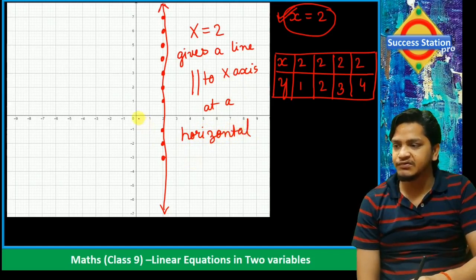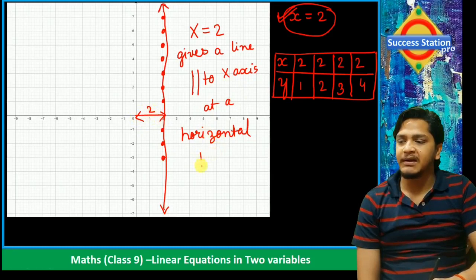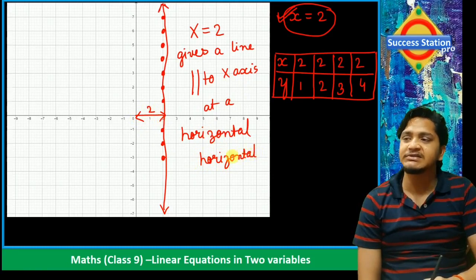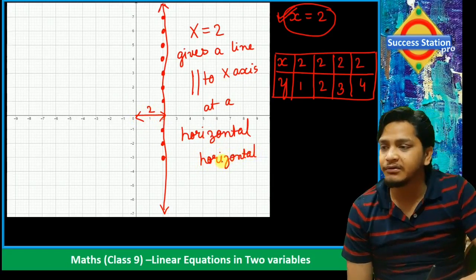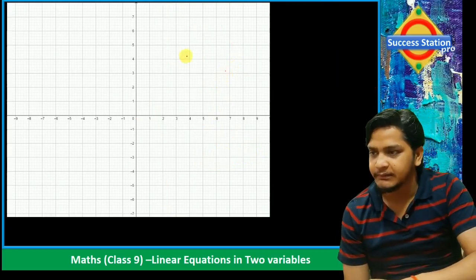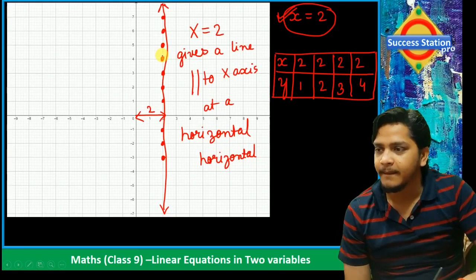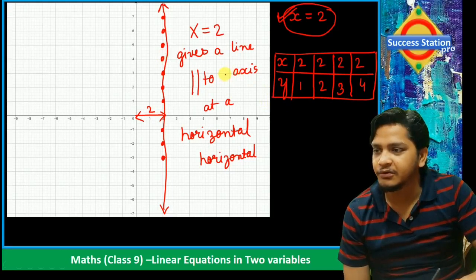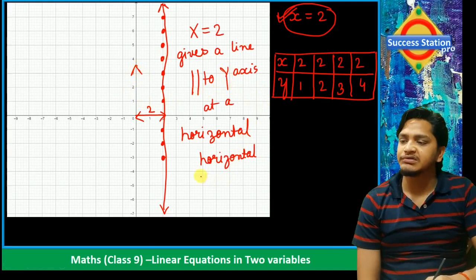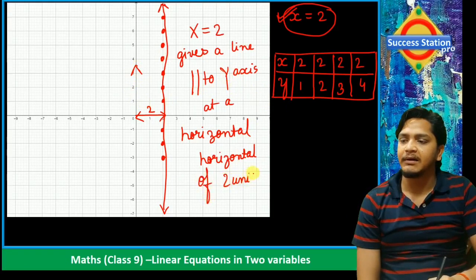Because this distance is what? Horizontal distance, how much? 2 units. So by seeing x equal to 2, you can easily draw the graph. The graph will be parallel to the x-axis. Sorry, parallel to the y-axis. Why am I saying x-axis? Parallel to the y-axis, at a horizontal distance of 2 units. Clear?